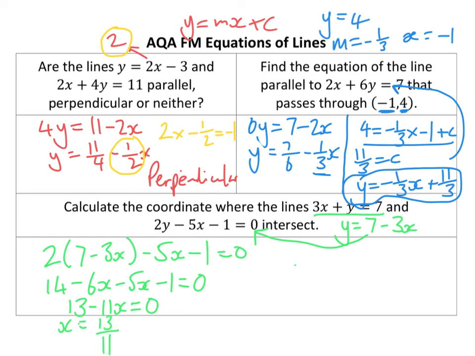Then to find y, I'm going to do y equals 7 minus 3 lots of 13 over 11, which, with my calculator, is 38 over 11. And so the coordinate where they intersect is 13 elevenths, 38 elevenths.